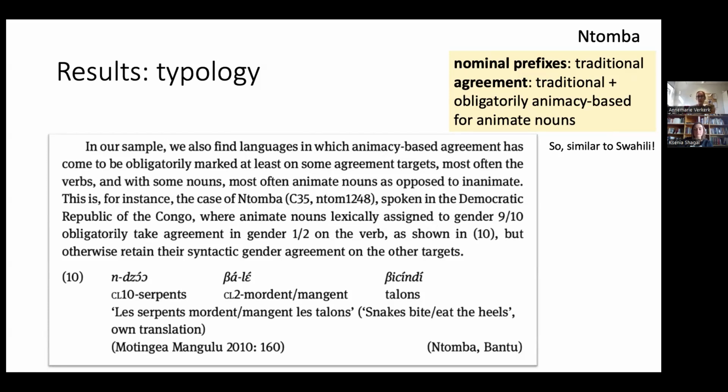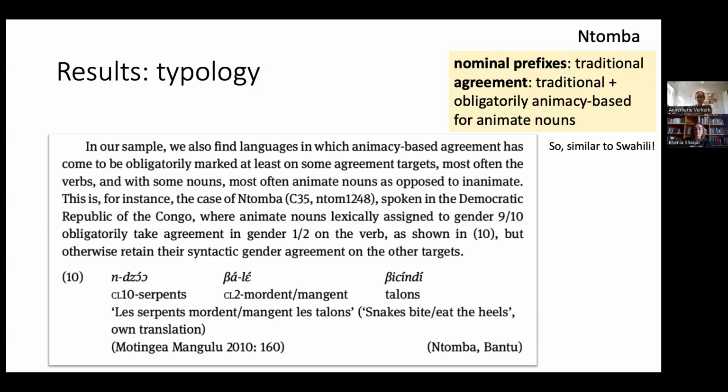So there's lots and lots of variation when it comes to what animacy-based agreement does. In some languages it's optional, in other languages it's obligatory, but only on some targets, and so on and so on. So as I go through these slides, animacy-based agreement becomes more pervasive.